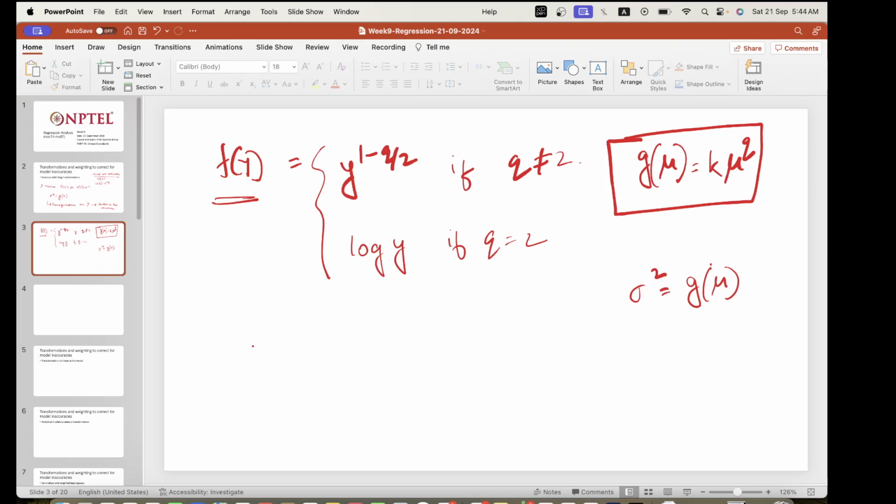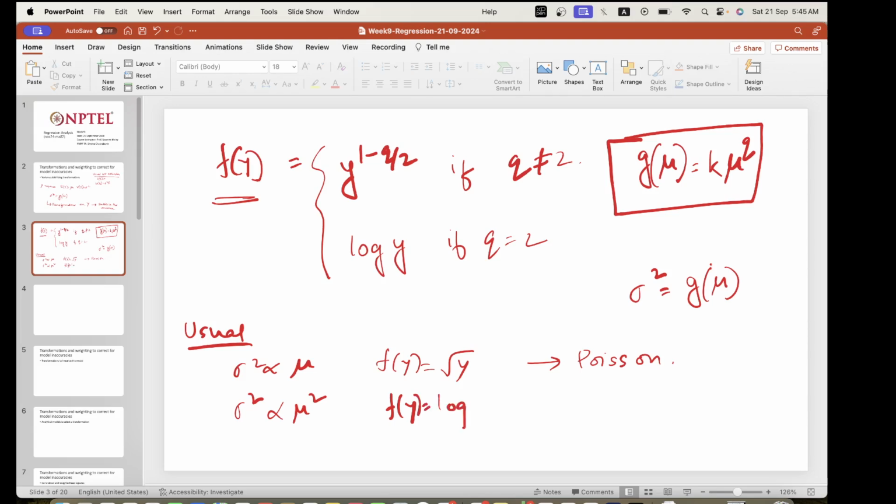In the usual cases, if sigma square is proportional to mu, then our transformation f of y is root y. This is the case when we have a Poisson variable. If we have an exponential variable such that sigma square is proportional to mu square, then f of y equals log y.